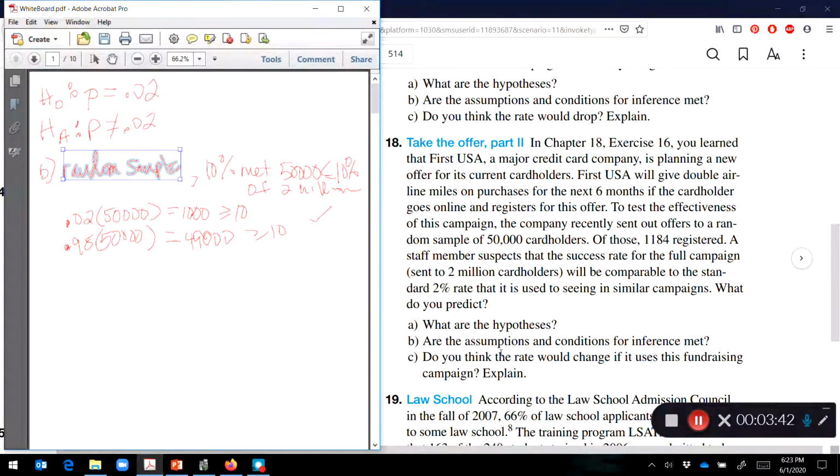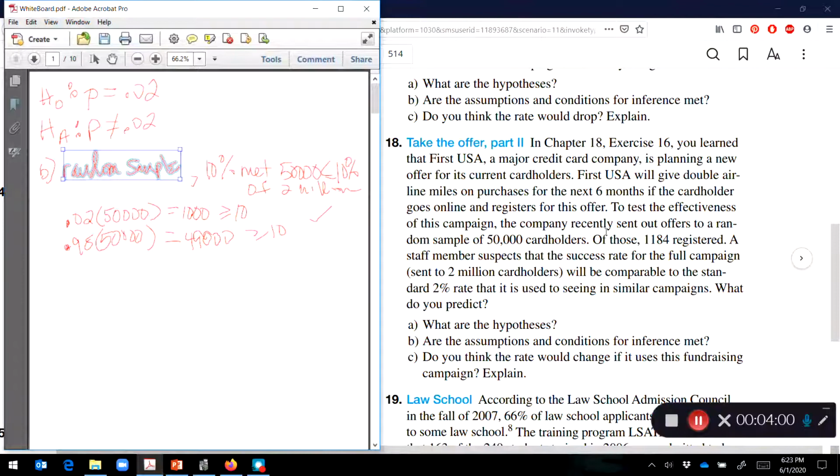We want to answer the question, do you think the rate would change if it uses this campaign? To answer that, we are going to do a hypothesis test. I can do it on my calculator or by hand, so I'm going to show you first how to do it by hand.